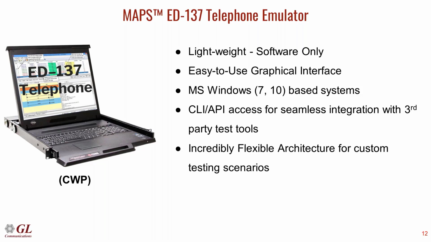You can install this on the same PC or a separate PC. Of course, we know what ED137 telephone is: it's for voice communication between CWPs. Voice communication is extremely important in air traffic control. It's the driving force for communications between the air traffic controller and the pilot, and also among the air traffic controllers themselves.